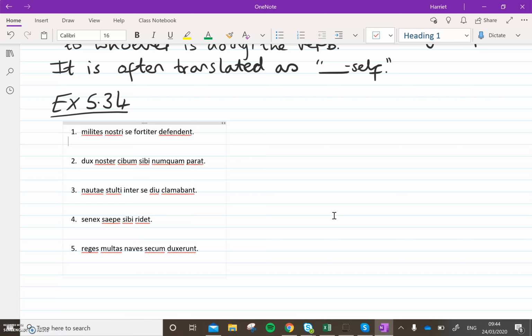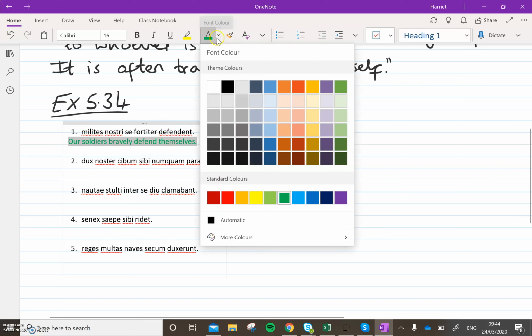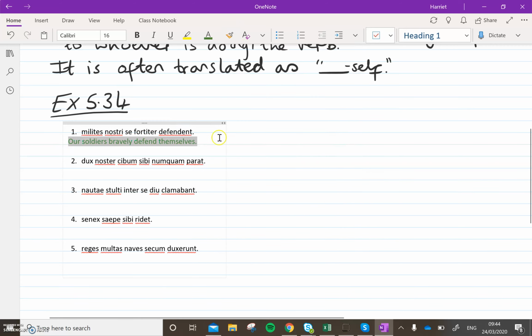There's no point cheating. So the first one, our soldiers bravely defend themselves. Okay, so se has to refer to those soldiers because we know that they're the guys doing the verb. Nostri, remember, means our.